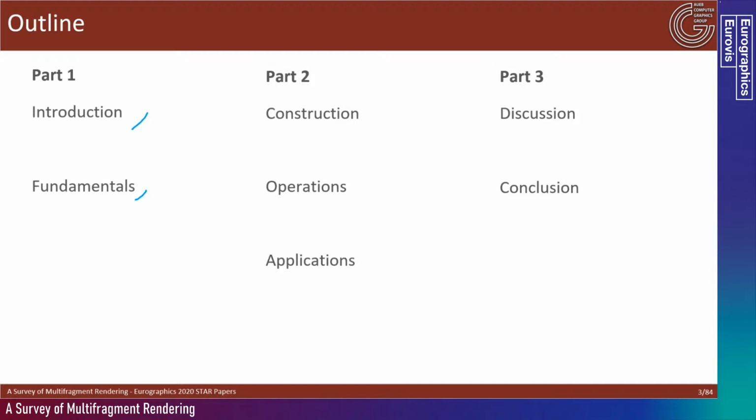In the second part, we will elaborate and discuss this pipeline, and we will start by detailing construction strategies for the various MFR data structures, the core operations that can be performed on them, and finally their mapping to the respective applications. In the last part of the presentation, we will discuss some existing and hopefully exciting open problems and challenges, and conclude by presenting opportunities for future research directions.